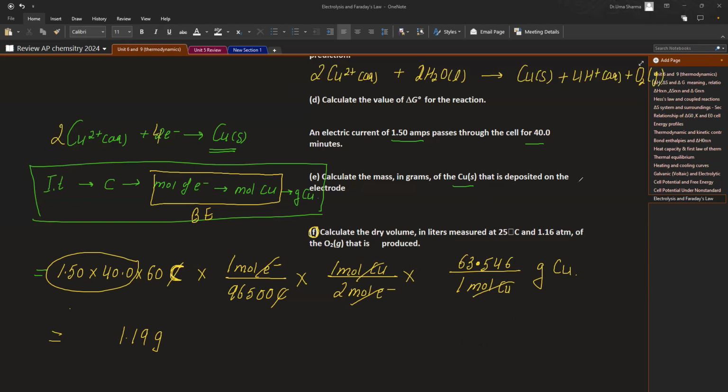Remember, this was the overall equation. We did it. If you have the moles of copper solid, you can get the moles of O2 gas.